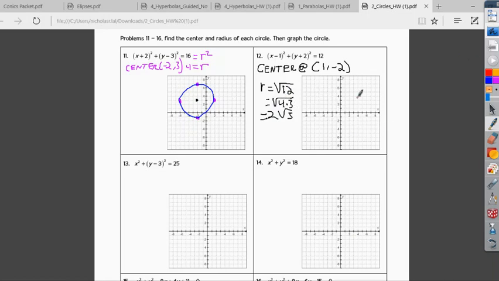So we have our center at (1, negative 2), and the radius is 2 times the square root of 3. The square root of 3 is approximately 1.7, so 2 times 1.7 is approximately 3.4.